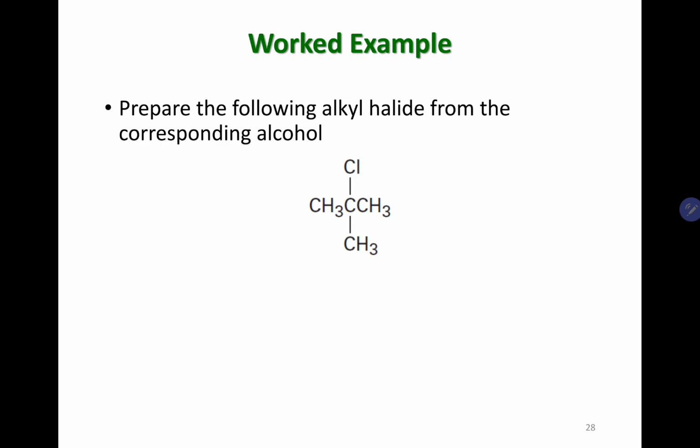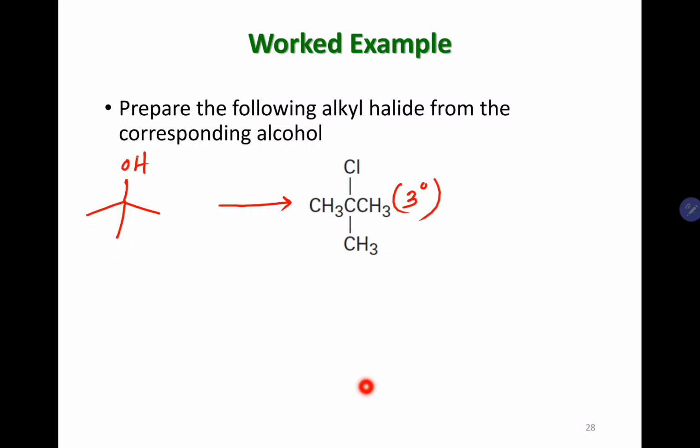In this worked example, I want you to prepare the following alkyl halide from the corresponding alcohol. Let's look at the alkyl halide that we have. It is a tertiary alkyl halide. So in order to synthesize a tertiary alkyl halide, you will need a tertiary alcohol, which is this one right here.